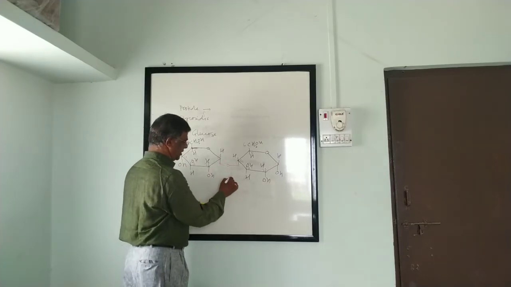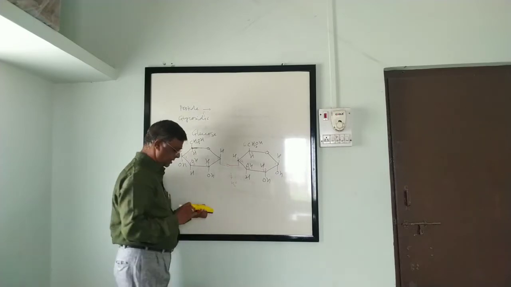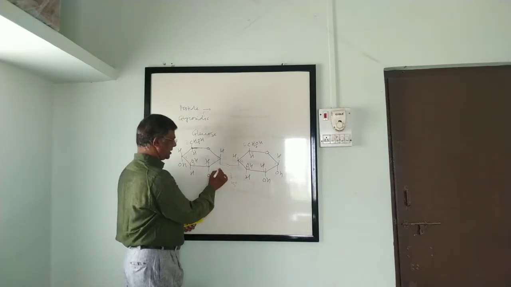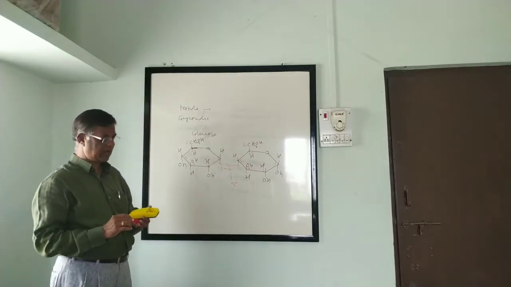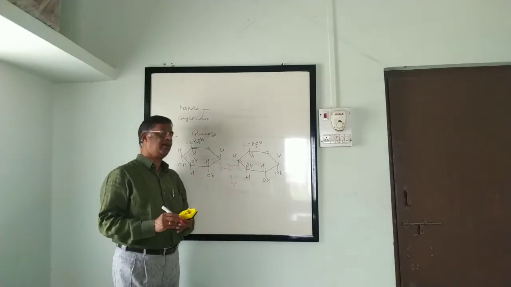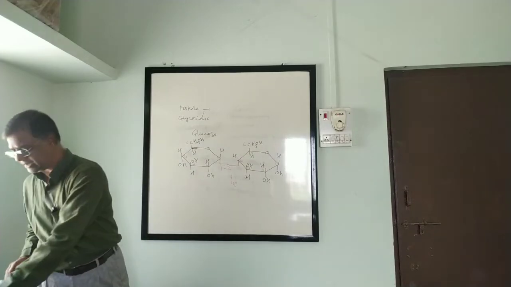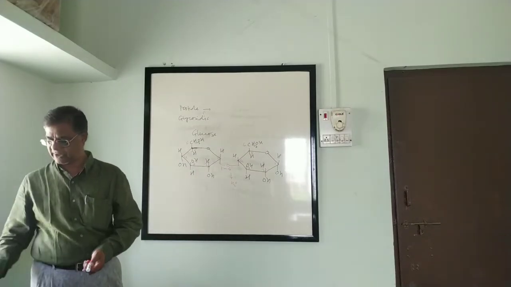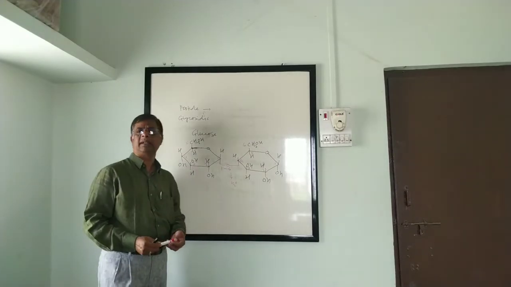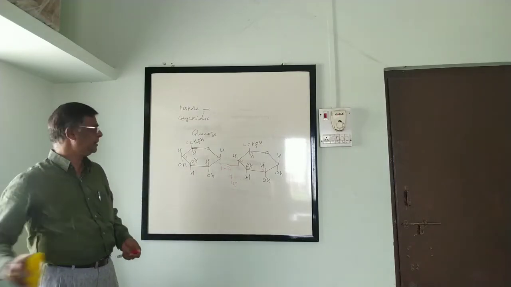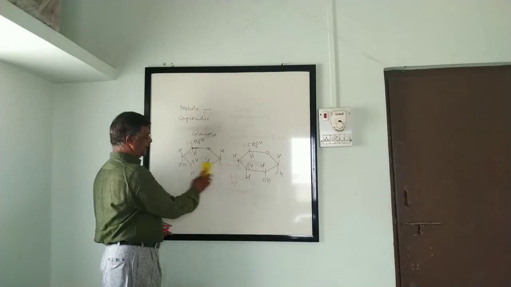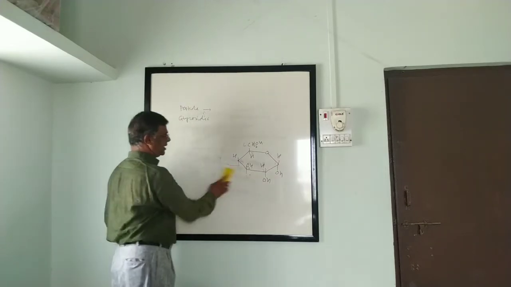Here H2O is released. So this is called a 1,4 glycosidic linkage. Since it is formed between the union of two glucose molecules, it is called a glycosidic linkage. This is a kind of covalent bond, or strong bond.